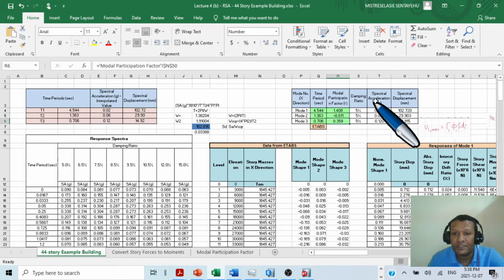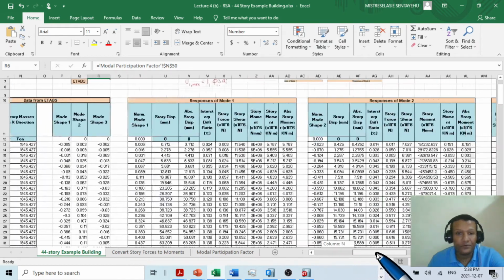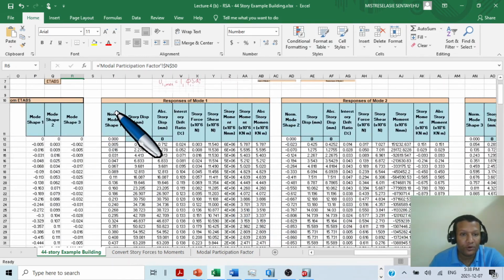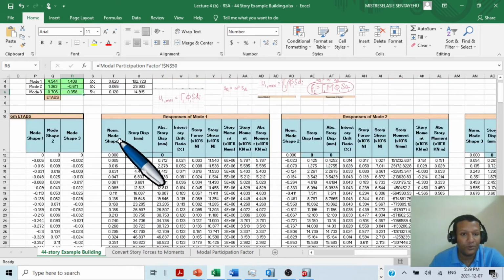Damping ratio, spectral acceleration, we took it from here. Then spectral displacement we have here. So mode 1, mode 2, mode 3 data from here. Then we come here, we normalize the mode shapes.